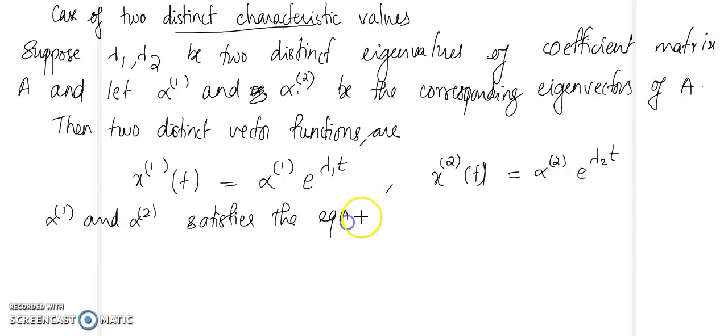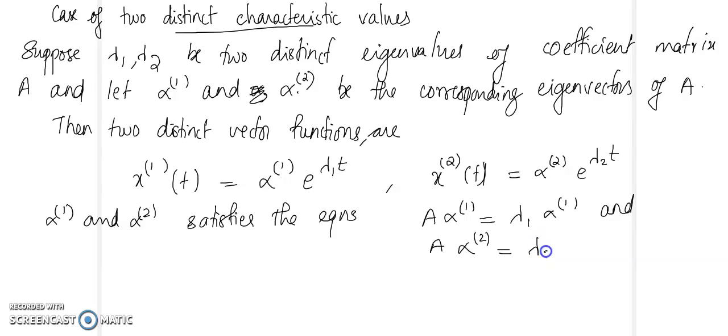We have a relation involving the eigenvalue and eigenvector: Ax will be equal to lambda x. So A alpha 1 will be equal to lambda 1 alpha 1, and A alpha 2 will be equal to lambda 2 alpha 2. So lambda 1 and lambda 2 are the eigenvalues corresponding to the eigenvectors alpha 1 and alpha 2, and therefore they will satisfy this equation.